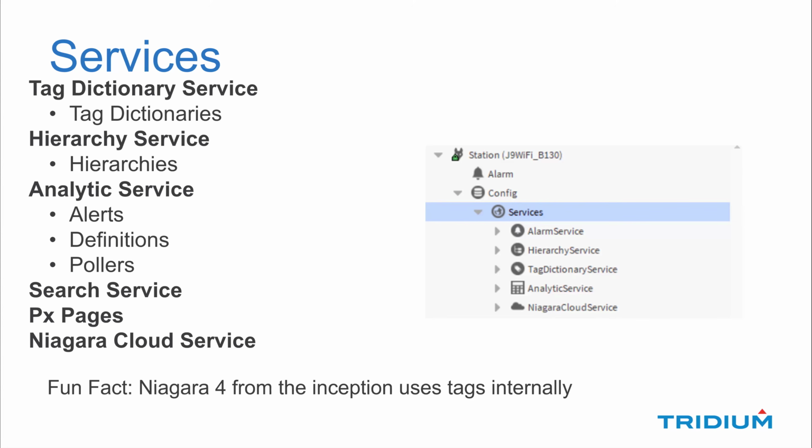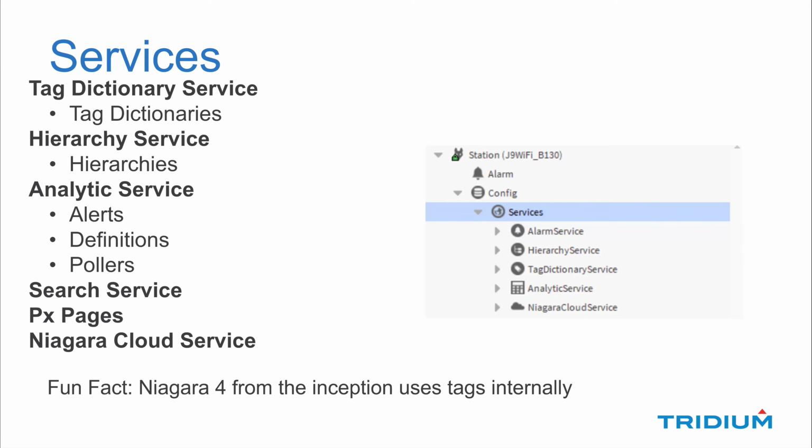And right now, Haystack, probably all of you know Haystack. They have a Haystack 4. They're working on 5, right? And so you hear of brick, all of those can run in this tag dictionary service. Some things that you might not have known is Niagara 4, when we created it, we actually had the tag dictionary service identify things inside of Niagara.